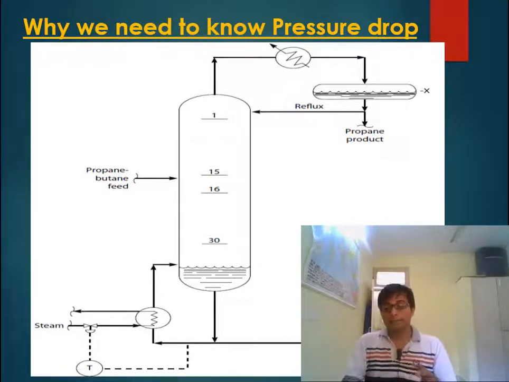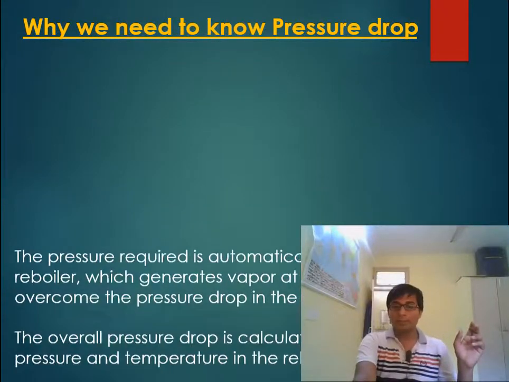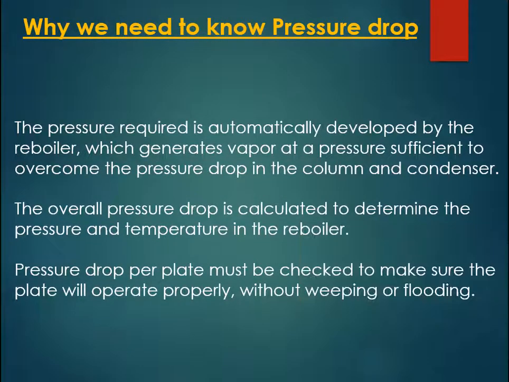Another reason is that in any distillation column we find many operational instabilities like weeping, flooding, entrainment. So we must check the pressure drop per plate to make sure that our column is operating properly.